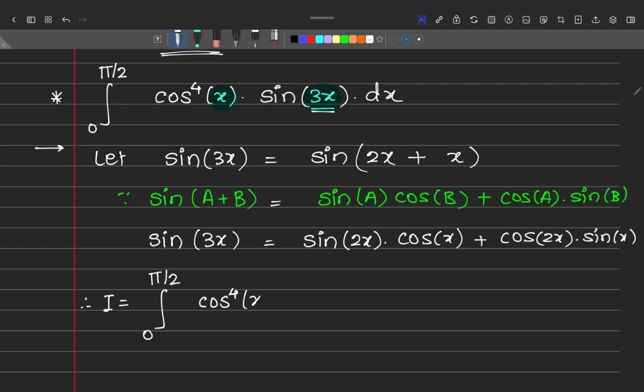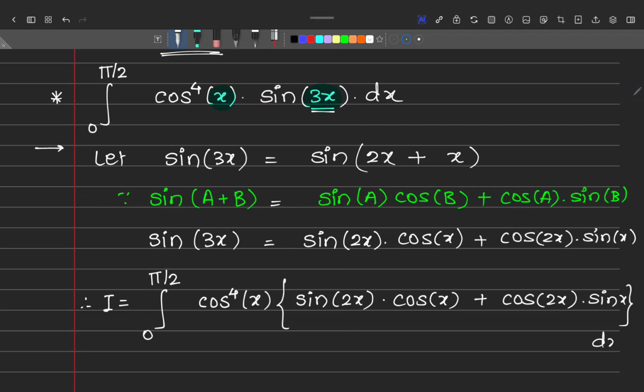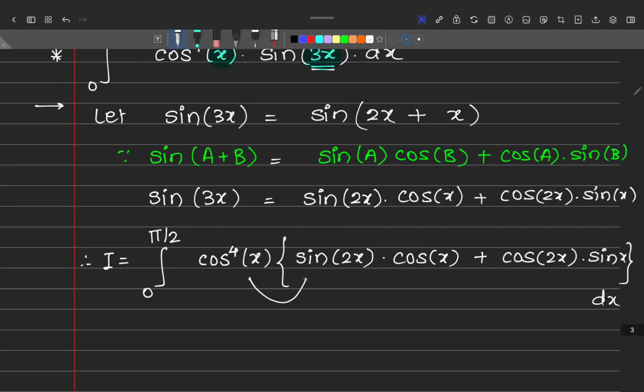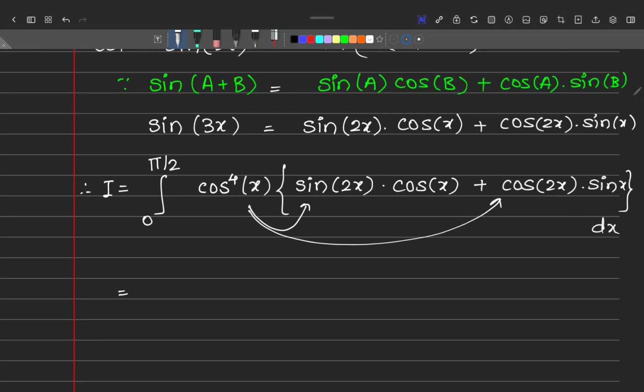Okay, therefore your integration now reduces to integration from 0 to pi by 2. The first term will be cos raised to 4x into, we take this term, sine 2x into cos x plus cos 2x into sine x. Now we take this term inside the bracket, which means we get two distinct integrations.